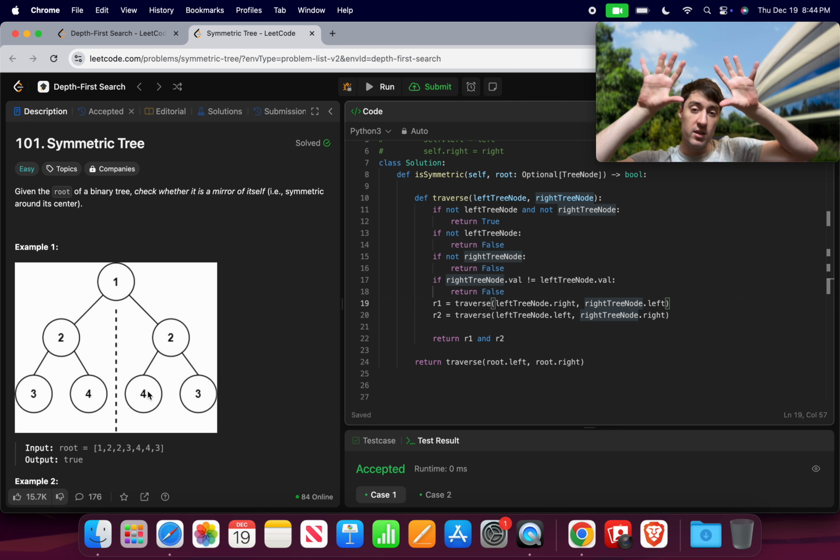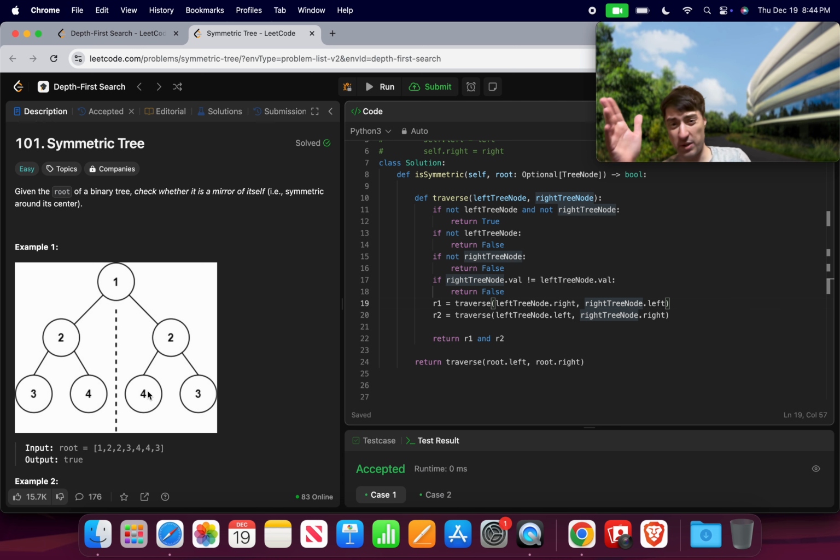And then I say, okay, if they both are not existent, then it's symmetric. If one exists and the other one doesn't, then it's not symmetric. Likewise, if it's the other way around, not symmetric. And if the values don't match, it's not symmetric. Otherwise, continue to, if there were more down here, I would continue down that path and keep investigating. Does every node match up with its mirror image?